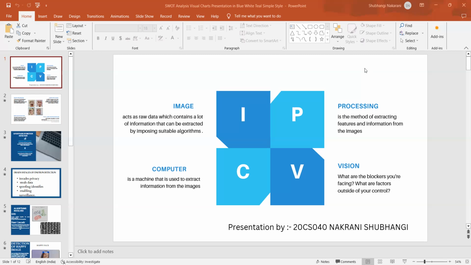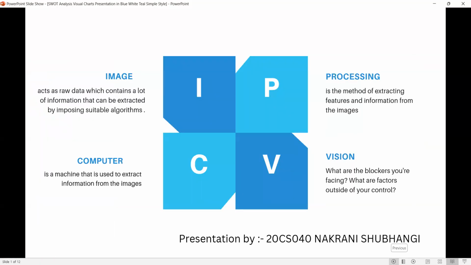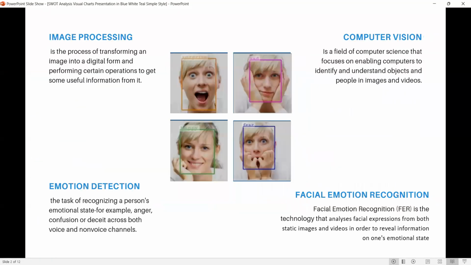What kind of computer do we have to use and how can we identify the reason? What kind of blocks are you facing and what are the factors outside the control? We have to use some techniques for emotion. What kind of image processing do we have to use?